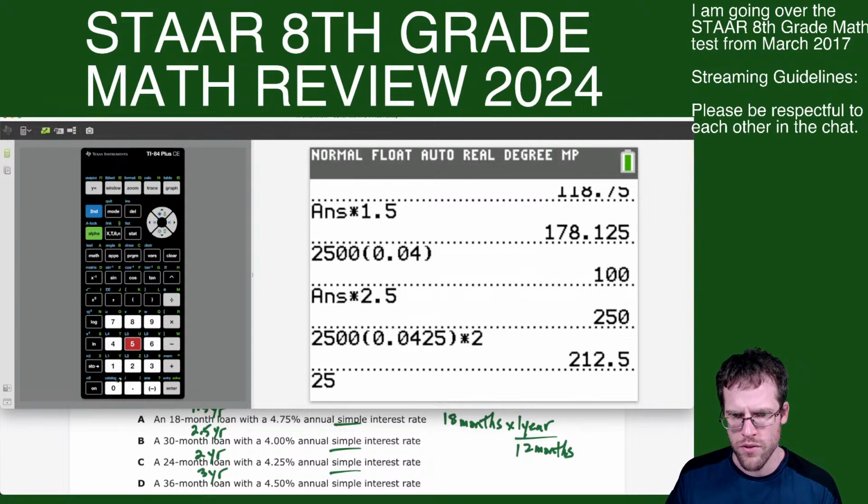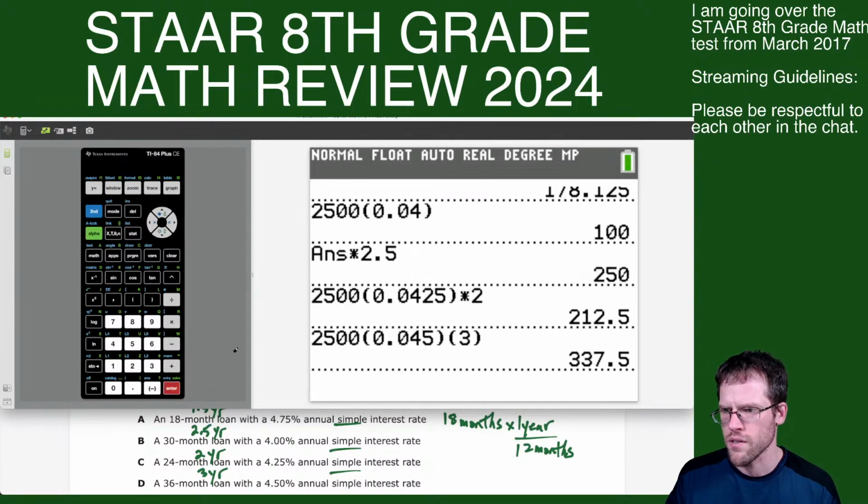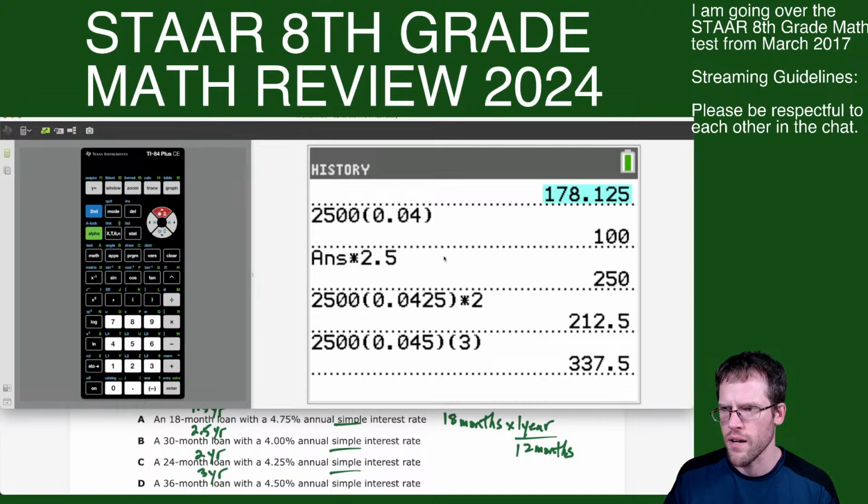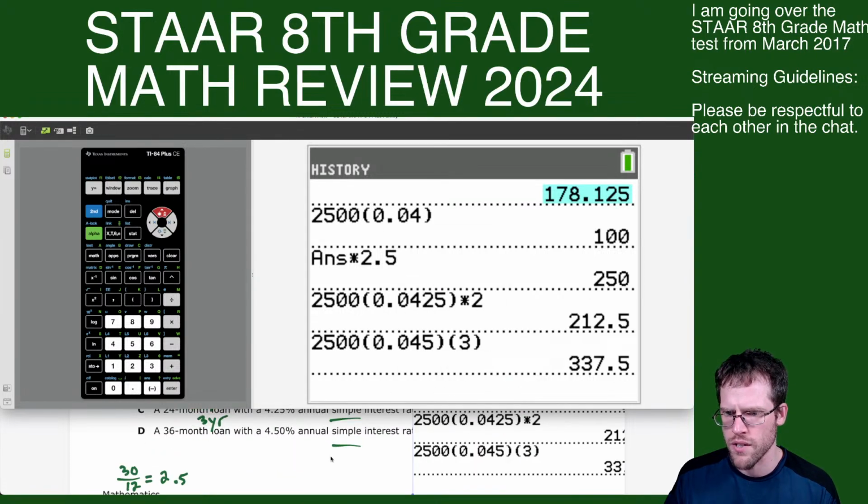So 2,500 times 0.045 for 3 years gives us this amount. Okay, so in the beginning here, this said 178,125. Right, so there are the values that we actually get here.